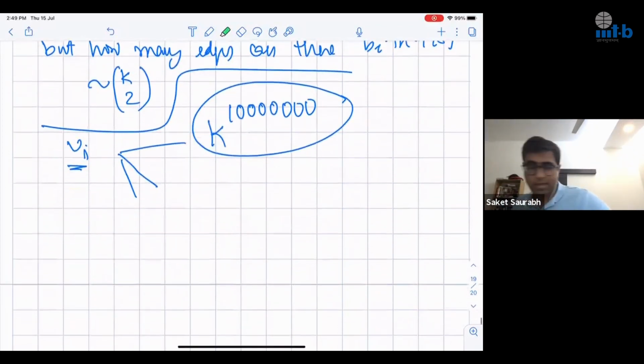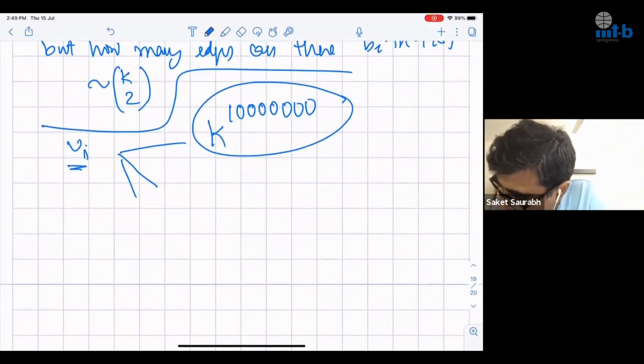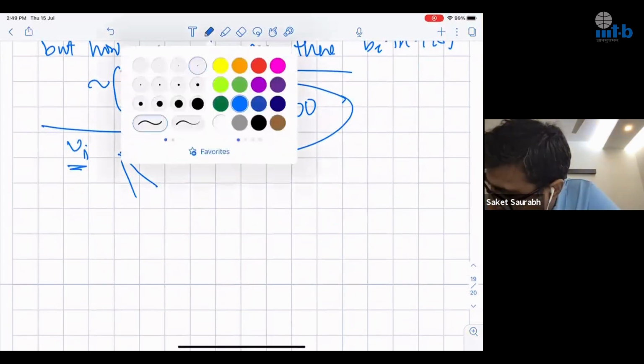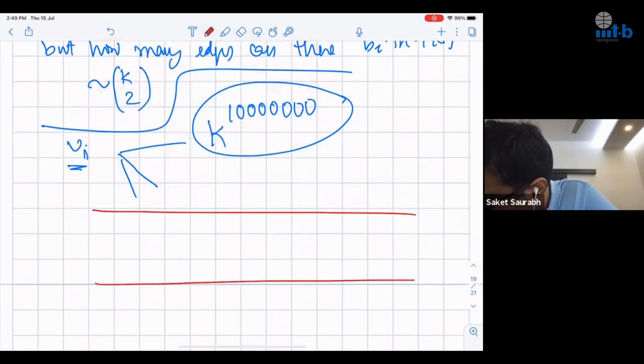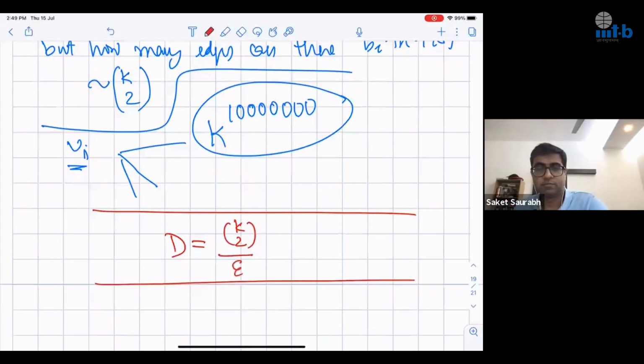Okay, so how do I say? Fine, here it is. I fix a number. You will see, I fix a number which is d equal to K choose 2 divided by some epsilon. Suppose this.